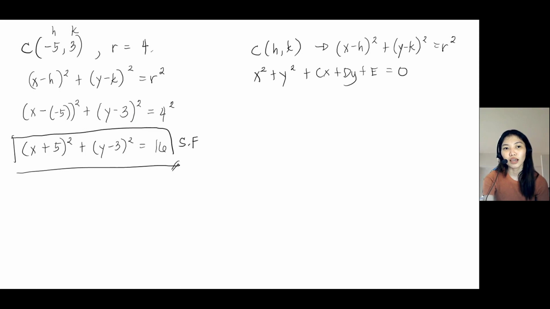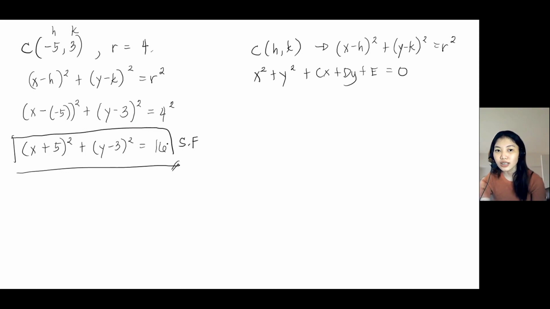Okay, but what we have here is x plus 5 squared plus y minus 3 squared is equal to 16. So what we are going to do here is to expand this binomial, x plus 5 squared, and expand this y minus 3 squared.